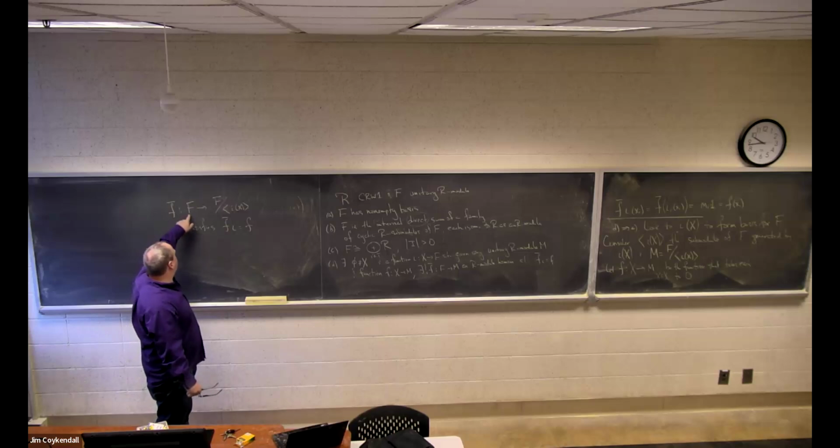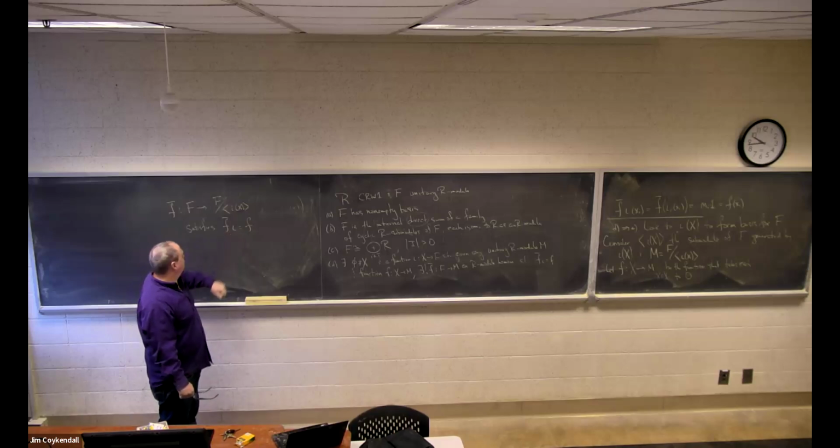So this projection takes every alpha to alpha plus its coset, and satisfies this.